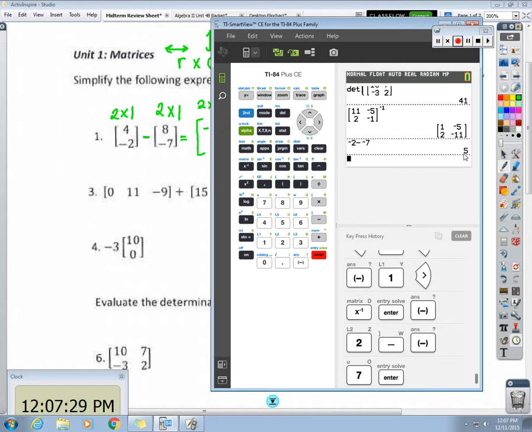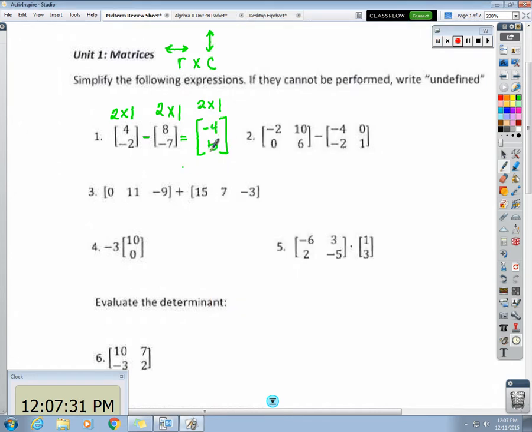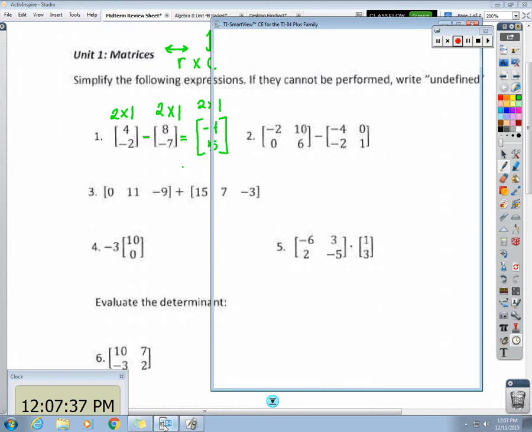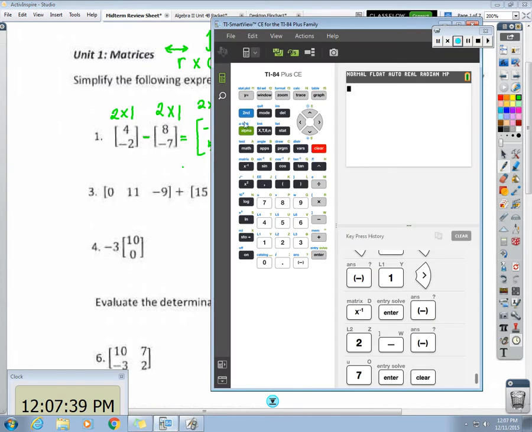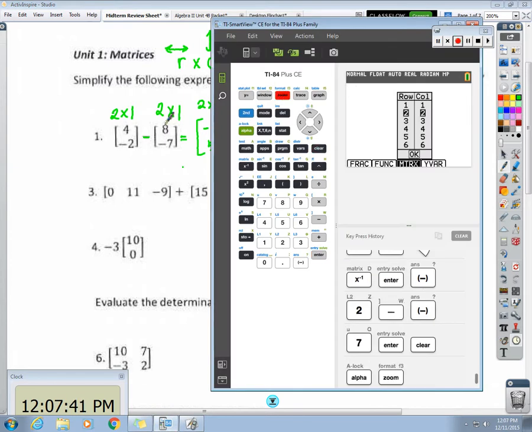5. Now, say that you don't want to do any of that by hand and you want to do the entire problem in the calculator. Let me show you how that's done. You would hit alpha, zoom. This is a 2 by 1, so you have to set it up. 2 rows, 1 column. Pay attention.